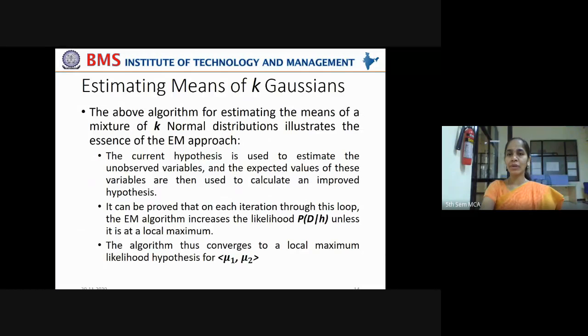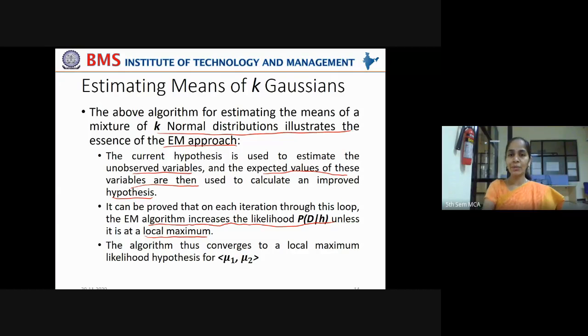Now this algorithm for estimating the means of a mixture of k normal distributions illustrates the essence of the expectation maximization approach. The current hypothesis is used to estimate the unobserved variables, and the expected values of these variables are then used to calculate the improved hypothesis, right? Now it can be proved that on each iteration through this loop, the expectation maximization algorithm increases the likelihood, the probability of D given H, unless it is at a local maximum.